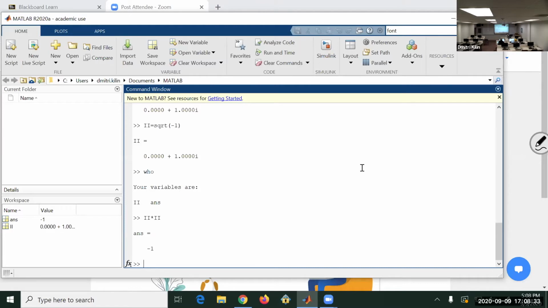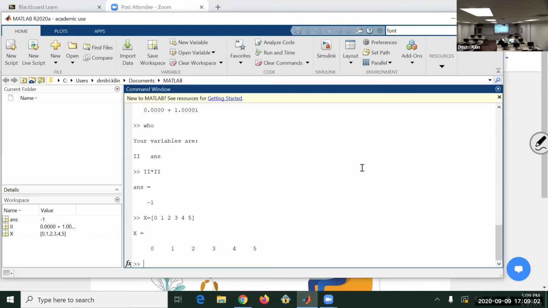Let's do x equals 0, open square bracket, and 0 space 1 space 2 space 3 space 4 space 5, whatever, close square bracket.